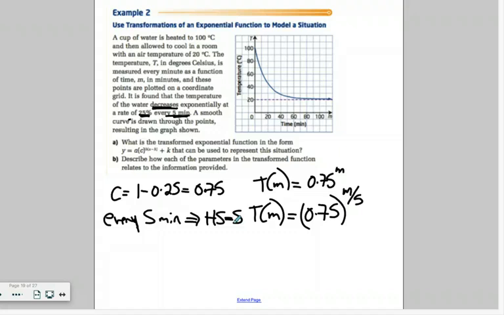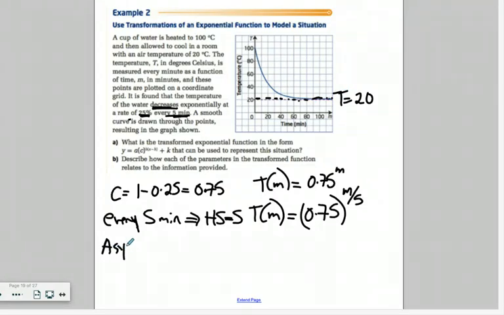All right, so the next thing to look at is the fact that we do have a different asymptote, right? We see here that the asymptote is at 20. That's because you've been placed in a room where the room temperature is 20 degrees, so you're never going to go below 20 degrees if the room temperature stays constant. So that's T equals 20.